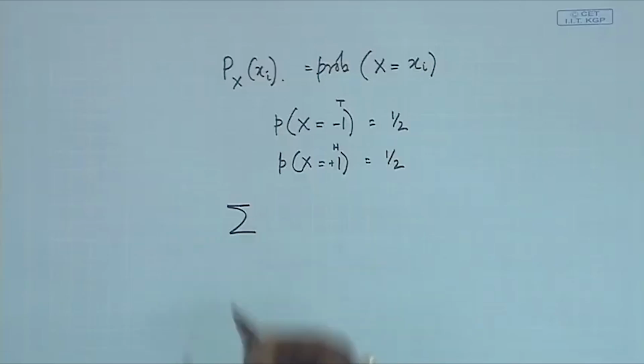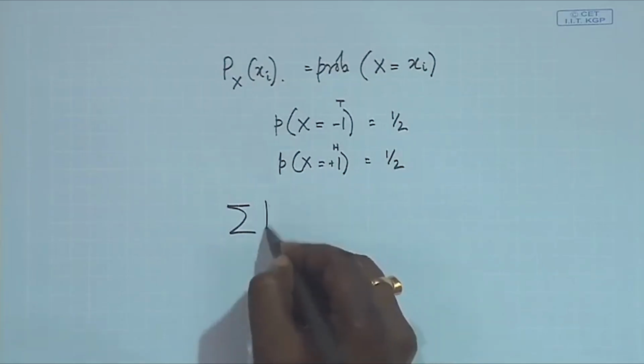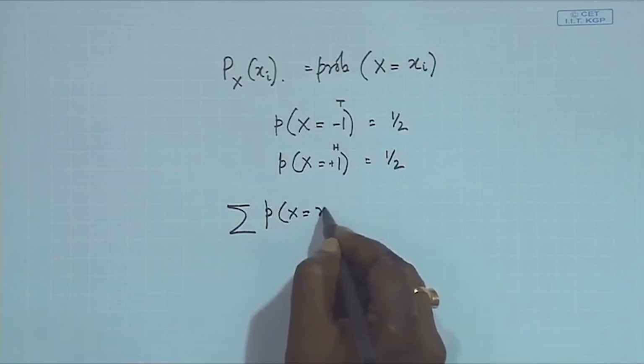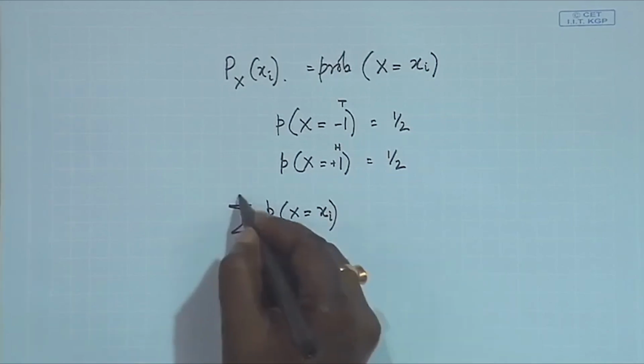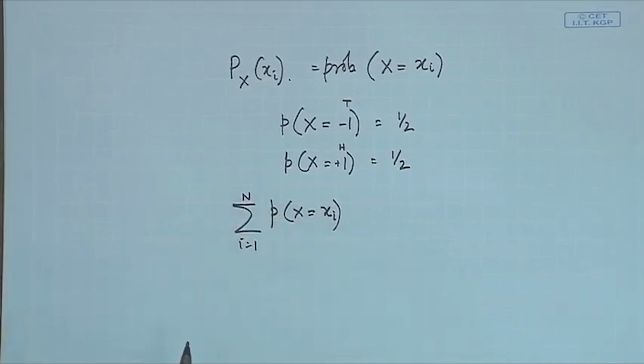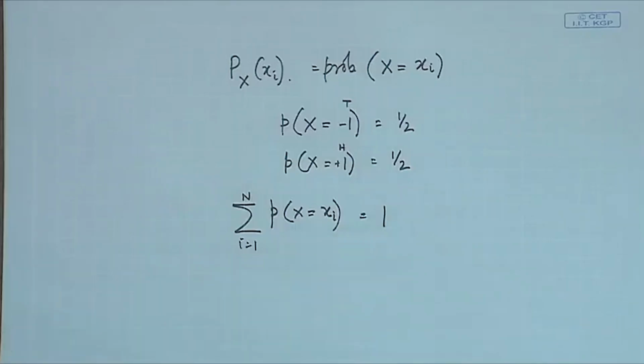We have also given a fundamental theorem of probability theory: this summation, when taken over all the events that can occur in that particular experiment, must always be 1. So, probability sums up to 1, the way we have defined the associated probability for a random variable taking a particular value. This is always true, and that is something we have already discussed.